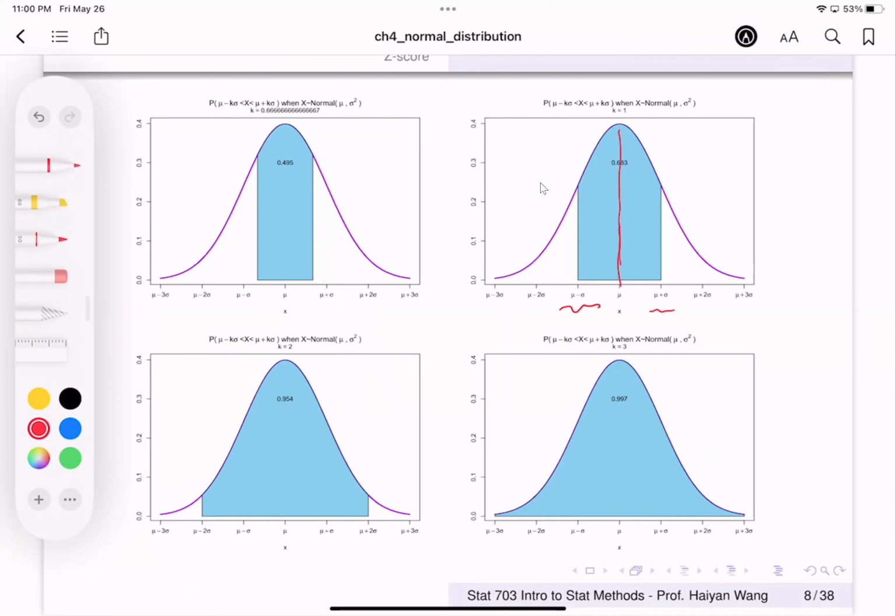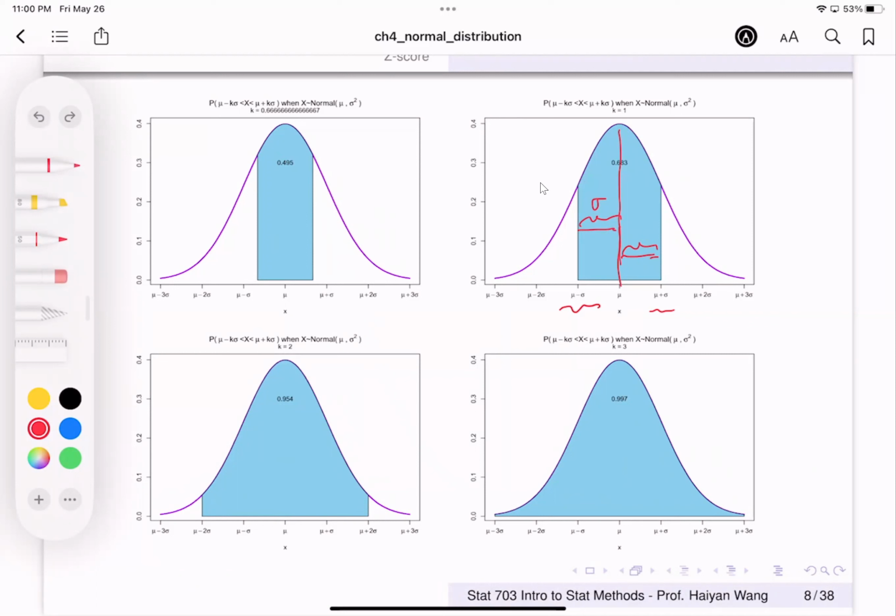Below the mean, this part distance is a standard deviation. So 1 standard deviation below the mean and 1 standard deviation above the mean, this part is also the sigma. This entire range would capture 68.3% of the probability. Okay.